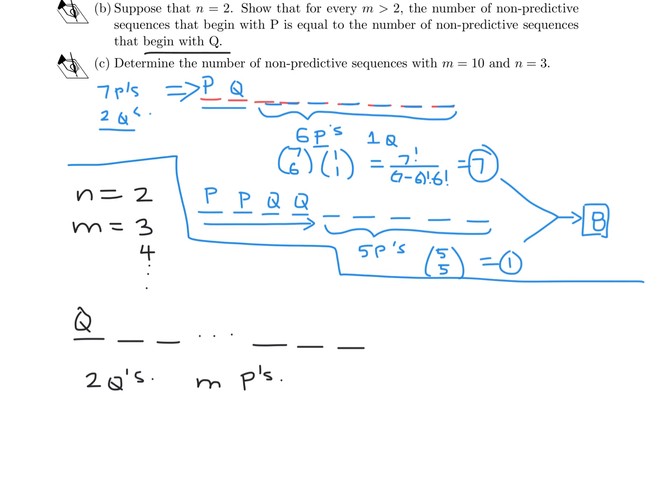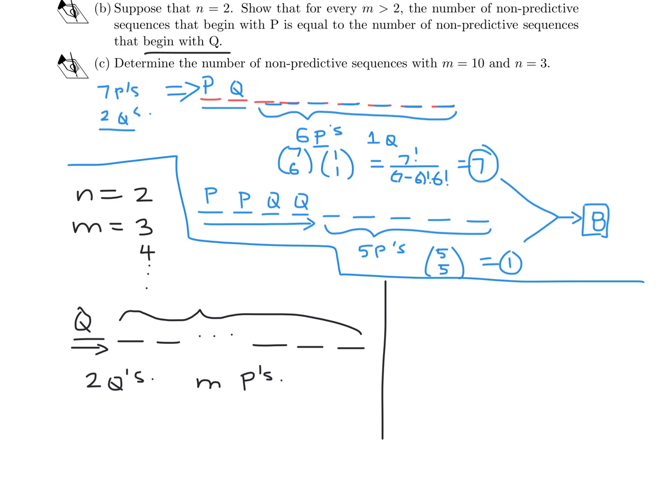This is the first comparison. If the Q goes first, then immediately I have created non-predictive just by counting the first one. Because in the first one, the number of Q's is 1 and the number of P's is 0. So the number of Q's exceeds the number of P's. So it's already non-predictive. So I can put pretty much anything here. I just have to count how many combinations of letters can be put there.